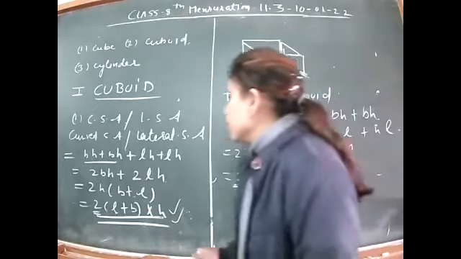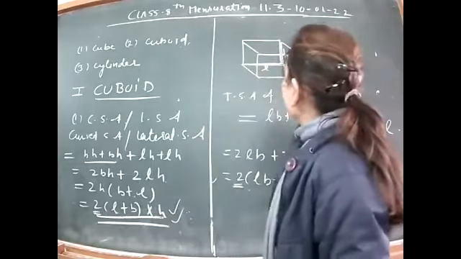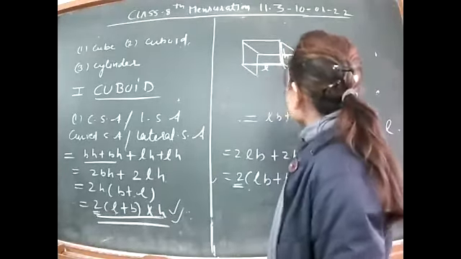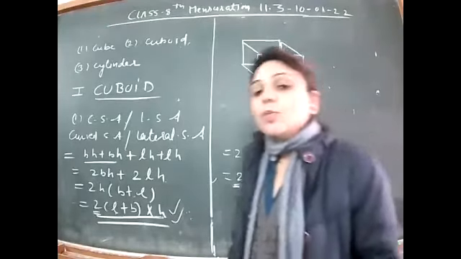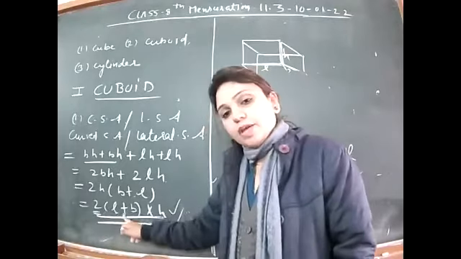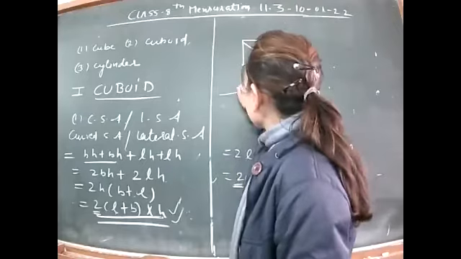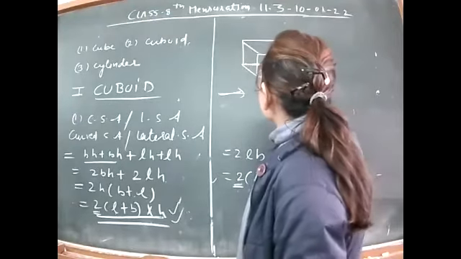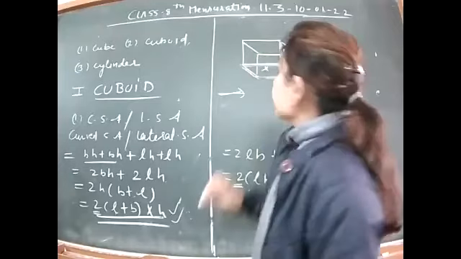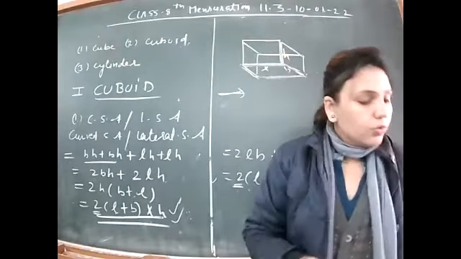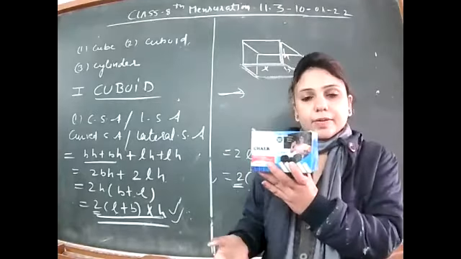One thing more you have to remember. See, this is 2 into L plus B into H. What you can say concept is working behind the curved surface area of cuboid. 2 into L plus B multiplied by H. See, this is your base of cuboid. This rectangle is the base of the cuboid. I can show you this rectangle. This is the base of the cuboid, right?